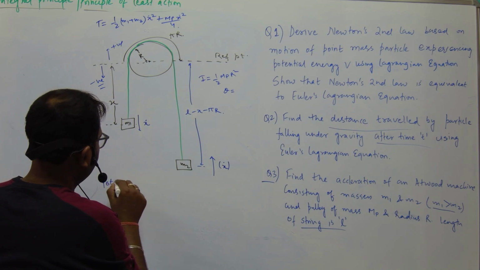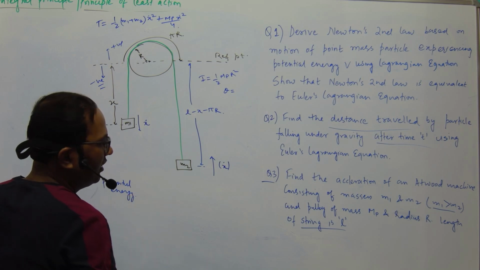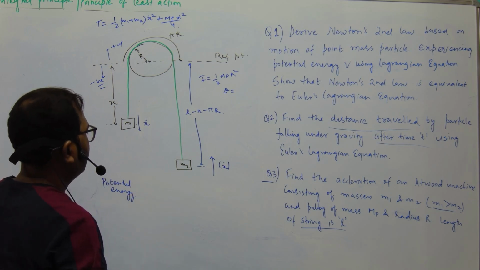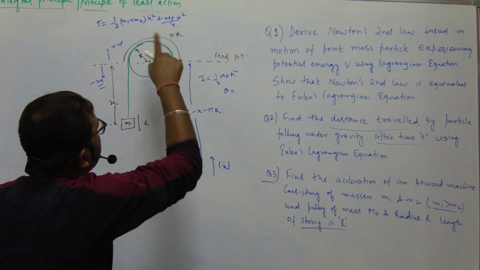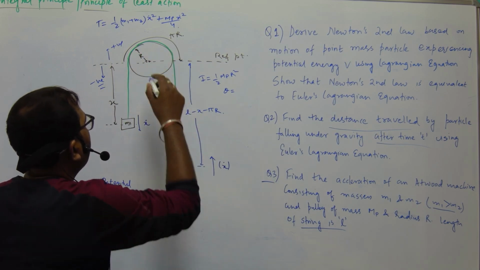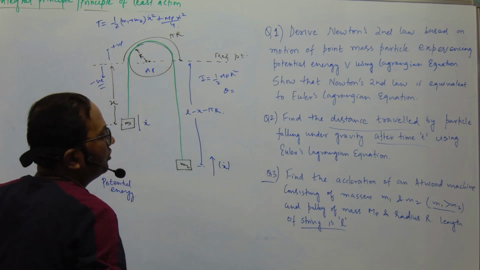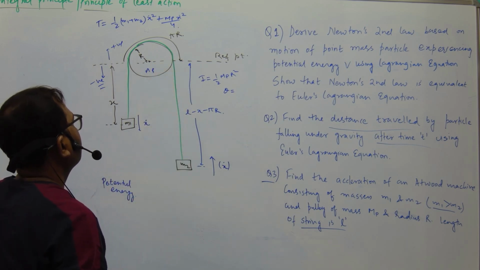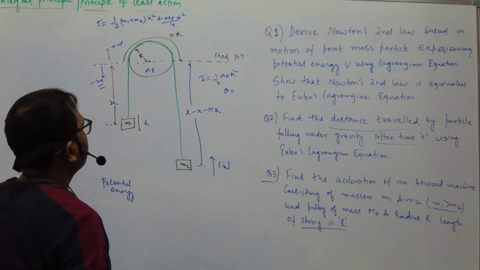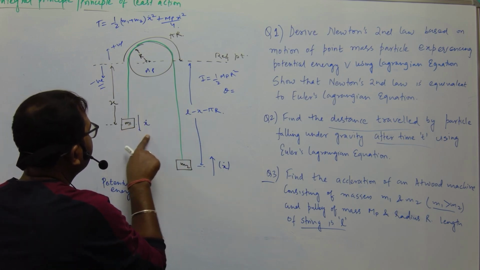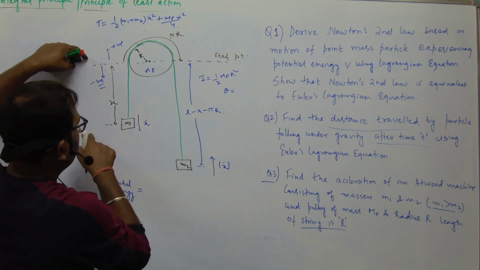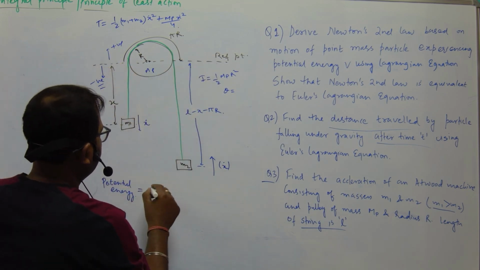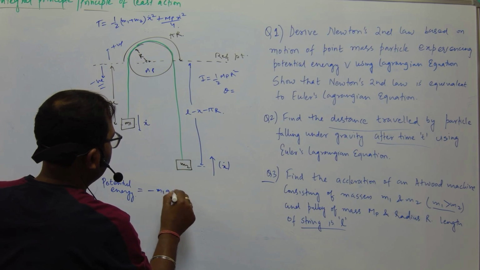Potential energy of the system. We have three bodies to take into consideration: the first one is m1, the second one is m2, and the third one is the pulley of mass mp. The pulley of mass mp is on the reference point, so its potential energy will be 0. For the mass m1 it is minus, because we are below the reference point: minus m1 g x.